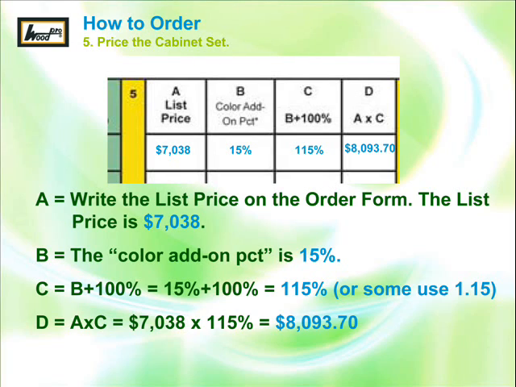And D column is a calculation of column A times column C. So you take $7,038 and you multiply it by 115%, or if you prefer, you can use the multiplier of 1.15, and thereby you get your calculation of $8,093.70. This completes the 5 steps on how to order a designer set from Woodpro.